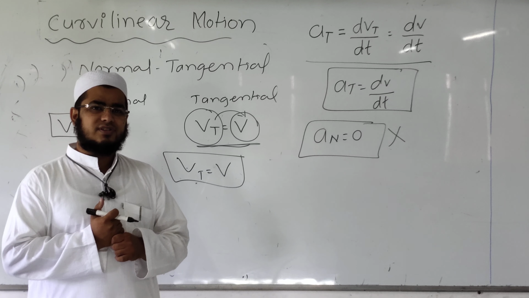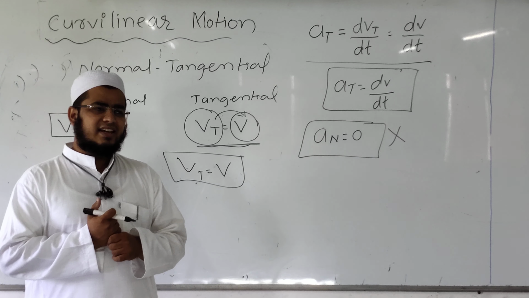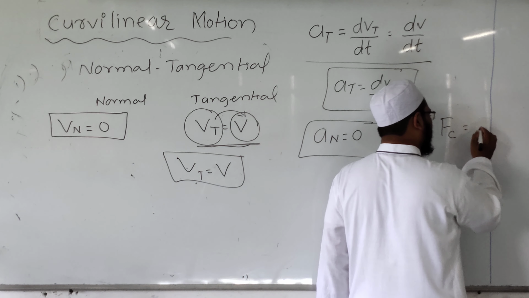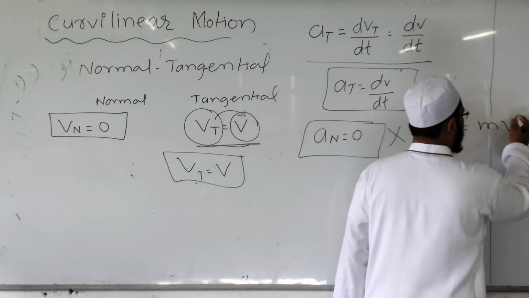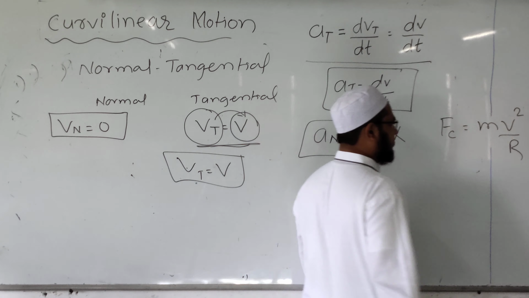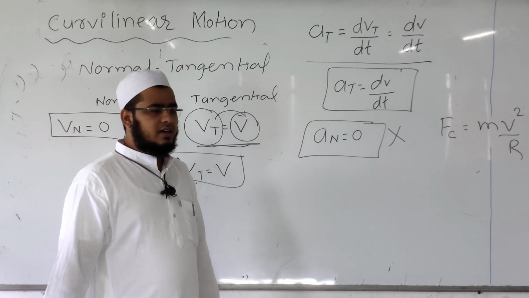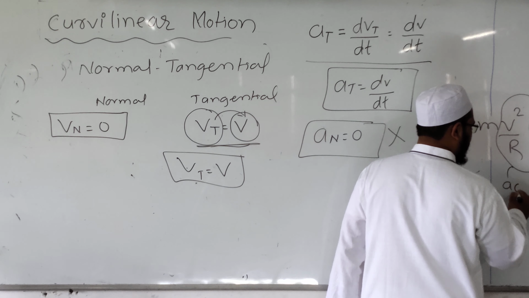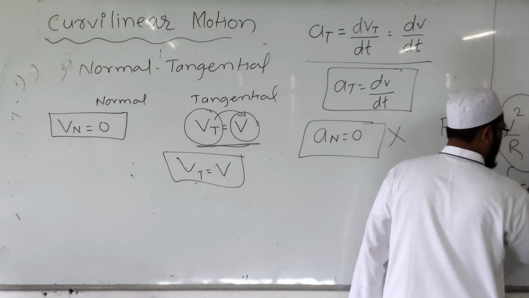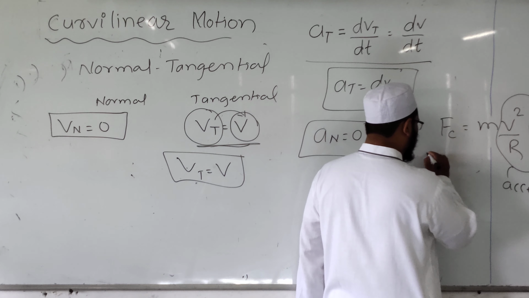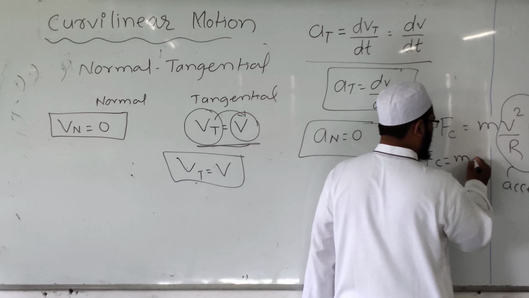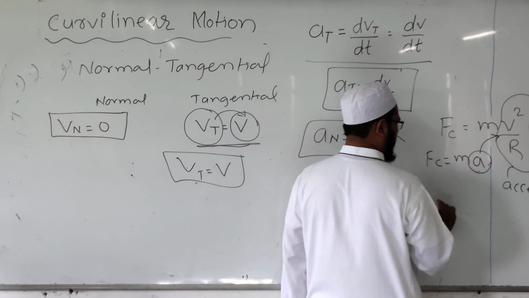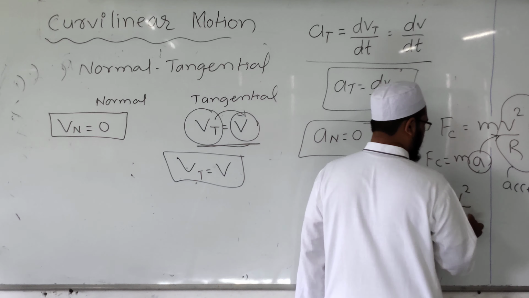The centrifugal force is given by Fc equal to mv square by r. What is this v square by r? It is the acceleration, because according to Newton's second law, F equal to ma, and this a is equal to v square by rho.